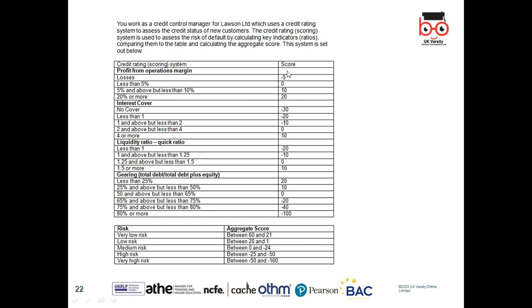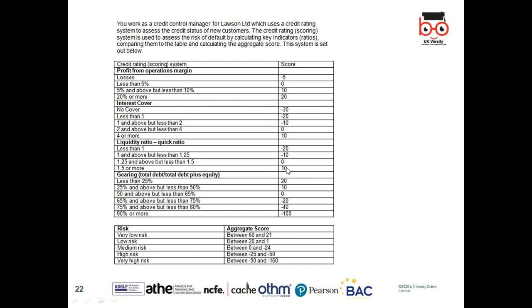So next we're looking at the task we've been given. You work as a credit control manager in this company. We've been given all the ratios. If we have a loss in the company, we give minus, and if we have a profit less than 5%, it is a zero credit score. If the profit is between these percentages, up to 20, and if more than 20.